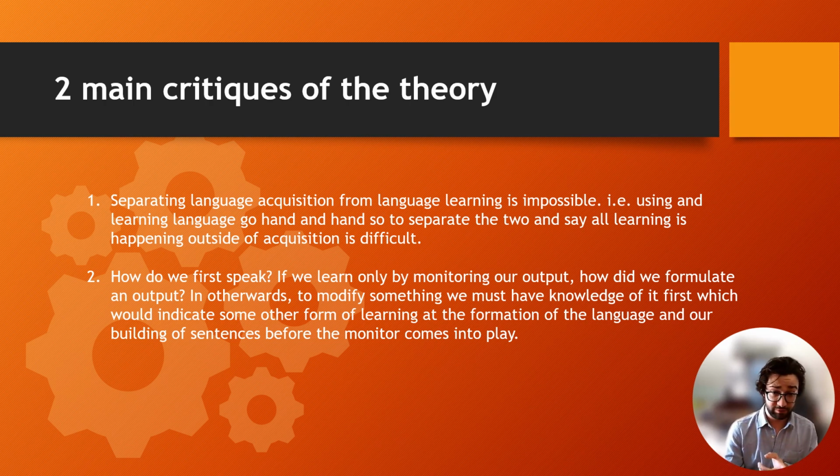Separating language acquisition from language learning, some researchers would say, is impossible. For example, using and learning language go hand in hand. The way I use language and the way I learn language, they're inseparable, right?